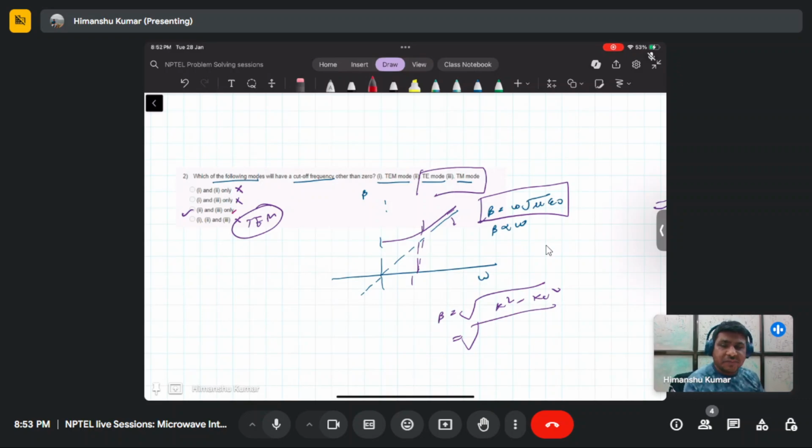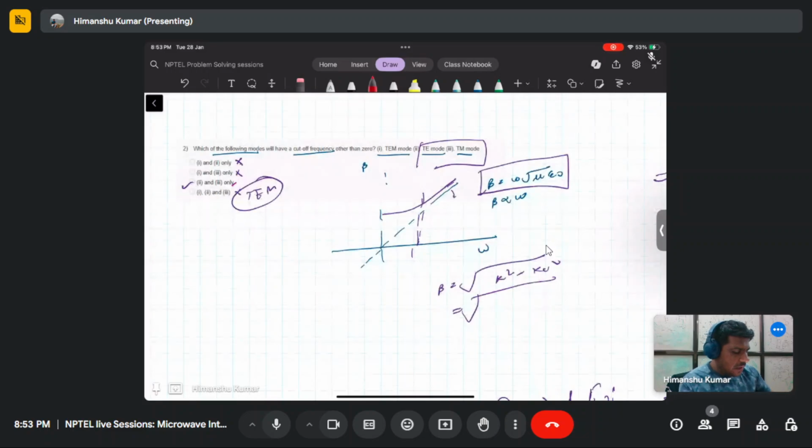All frequencies transmit. Only the TEM mode is broadband. The other modes, TE and TM, exist in waveguides, and those waveguide modes have a finite cutoff frequency.